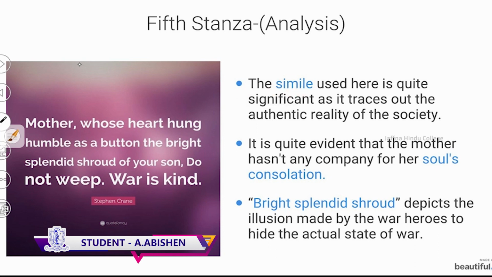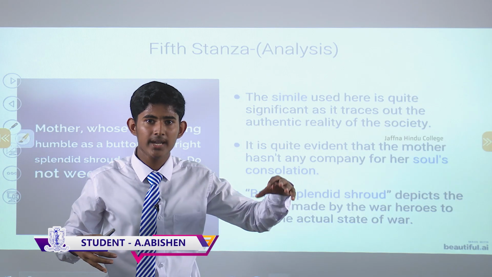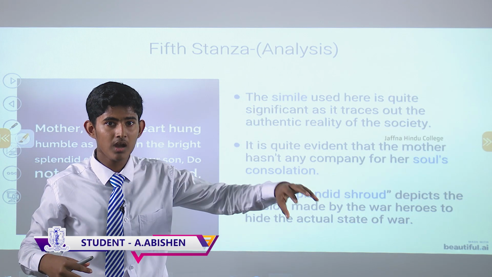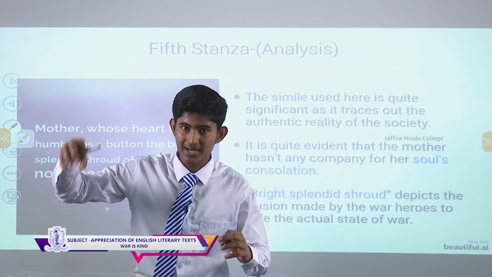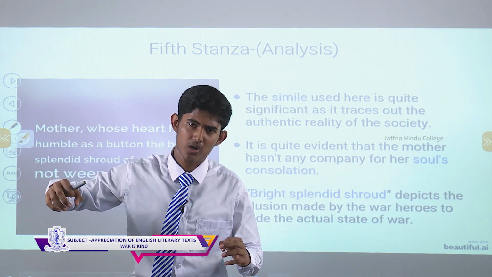Here, the poet utilizes the simile technique. Simile means what? Using words such as like and as. Here we can see the mother whose heart hung humble as a button. So, here the poet tries to compare the heart of this mother to the button, which is on the splendid shroud. What is a shroud?